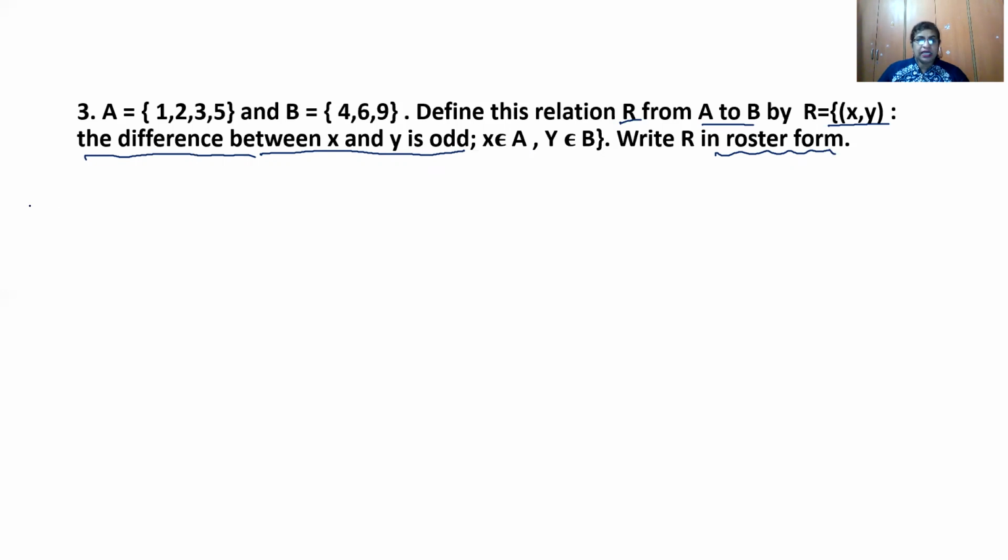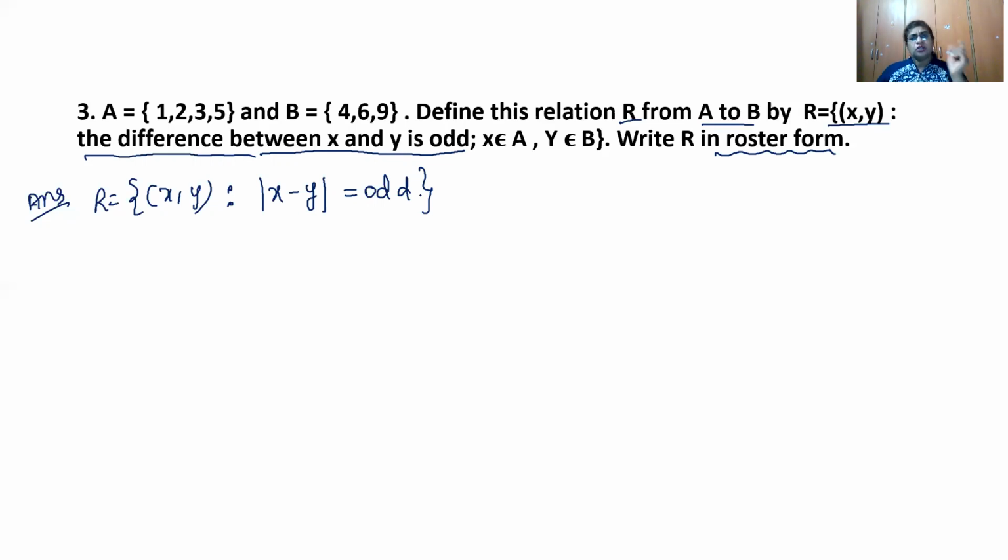So what is the condition? I have to get all the ordered pairs (x, y) such that the difference between x and y should be an odd number. Now when the word difference is mentioned, it doesn't mean first number minus second number only. It is the biggest number minus the smallest number.